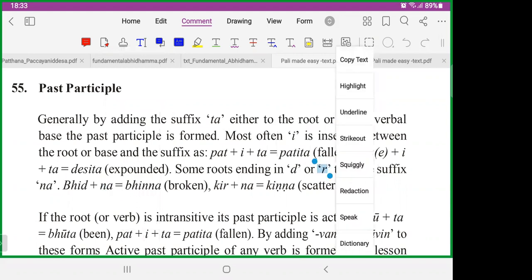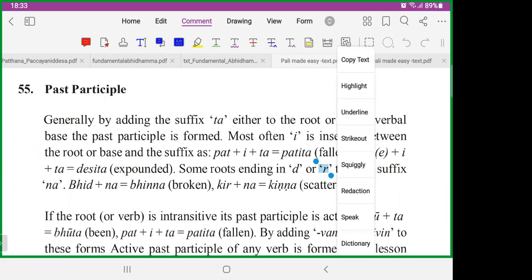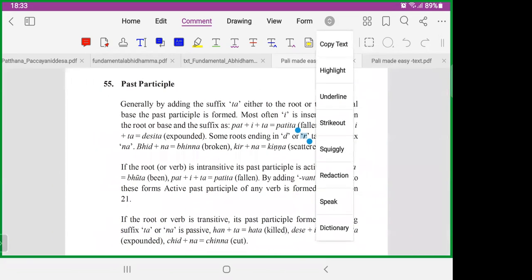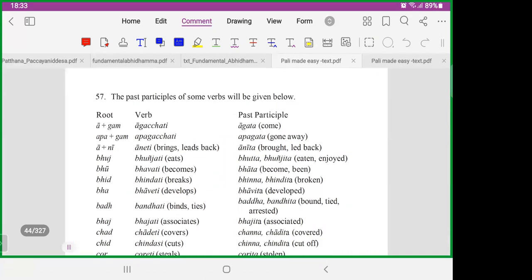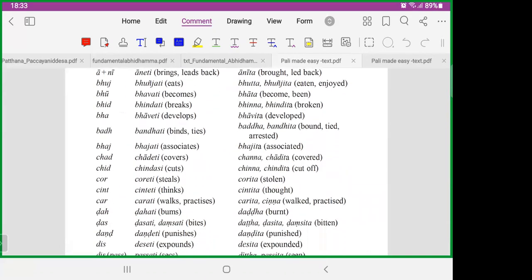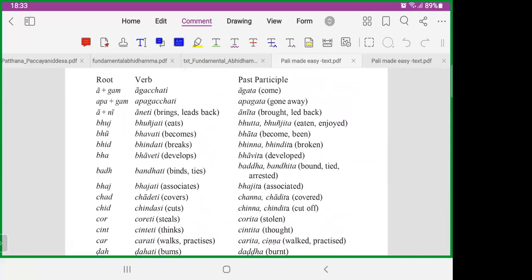Sometimes in the book there are so many words, so you just need to highlight the important ones like ta and na, and na is for D and R. Then the rest are quite the same. Because here I have no space to write, later I will refer to my worksheet.